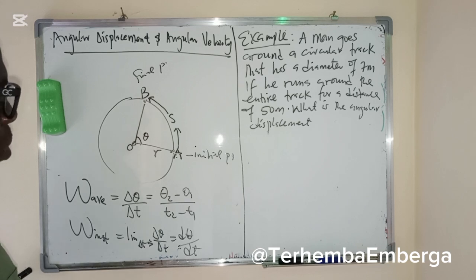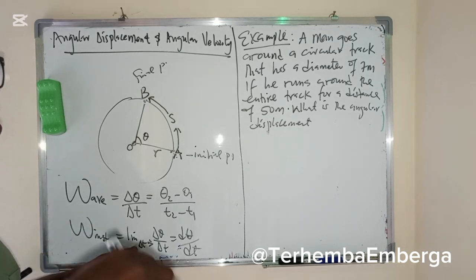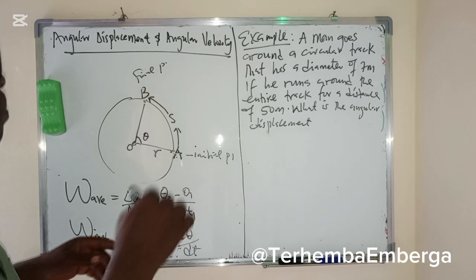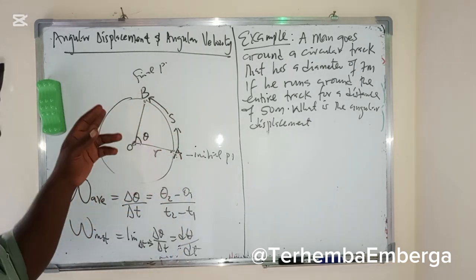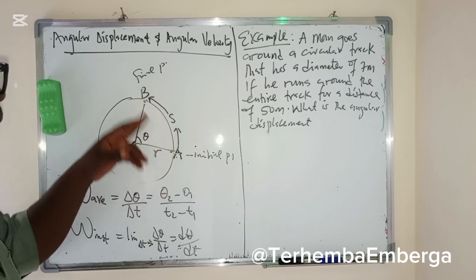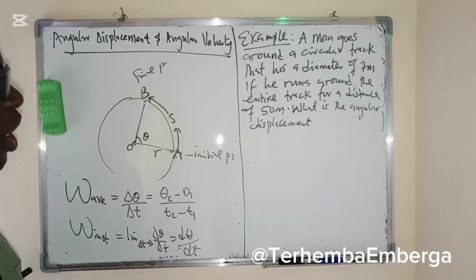This is what we call instantaneous angular velocity: the velocity at that particular time, at that particular point. At that point, you are not talking about a change in the angle and a change in the time.